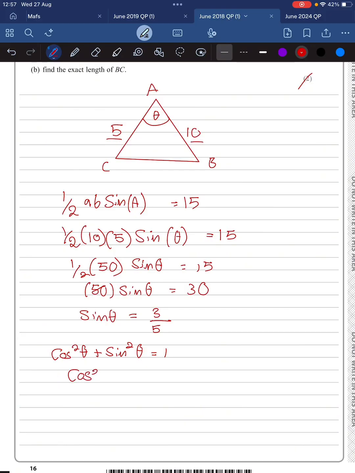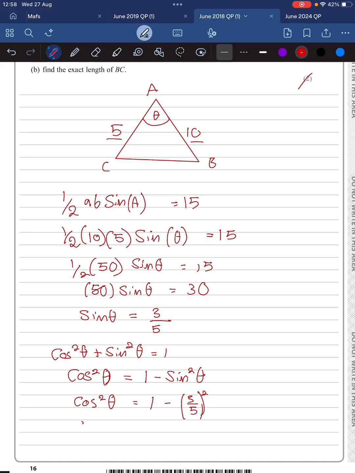So cosine squared theta is equal to 1 minus sine squared theta. And now we plug in the values for sine and just square that. Okay, so cosine squared theta equals 1 minus, we're just going to plug in 3 over 5 squared.